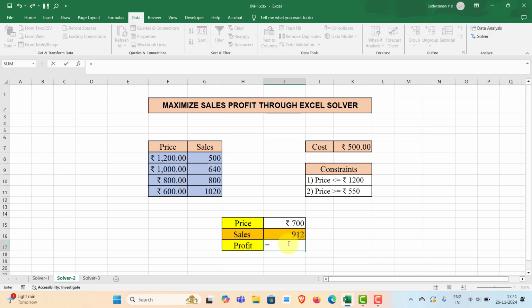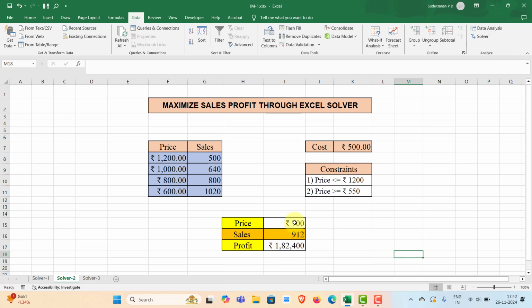So equal to, I'll put the bracket, price minus cost, that will give the profit per unit, multiplied by the number of units sold. So that will give the profit. So in this case, if 912 units are sold at a price of 700, the profit will be 1,82,400.